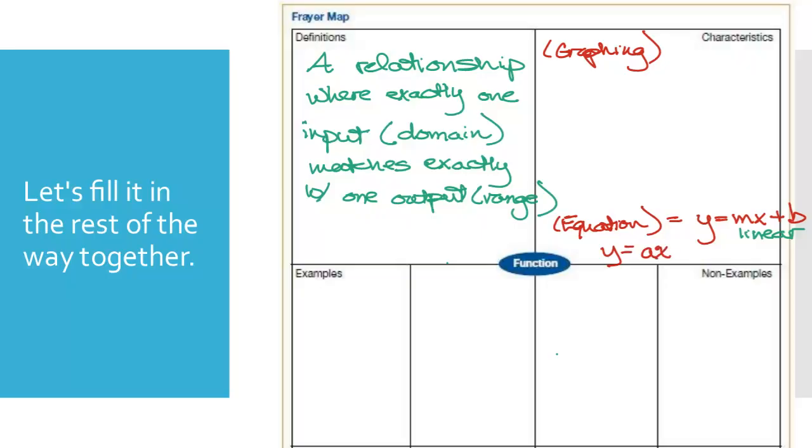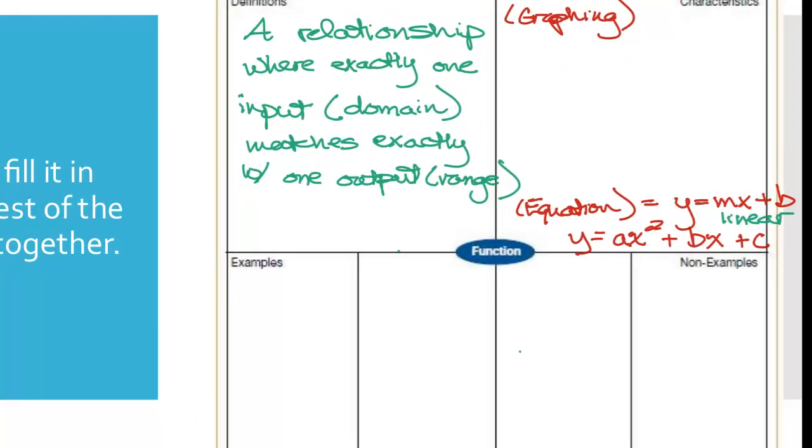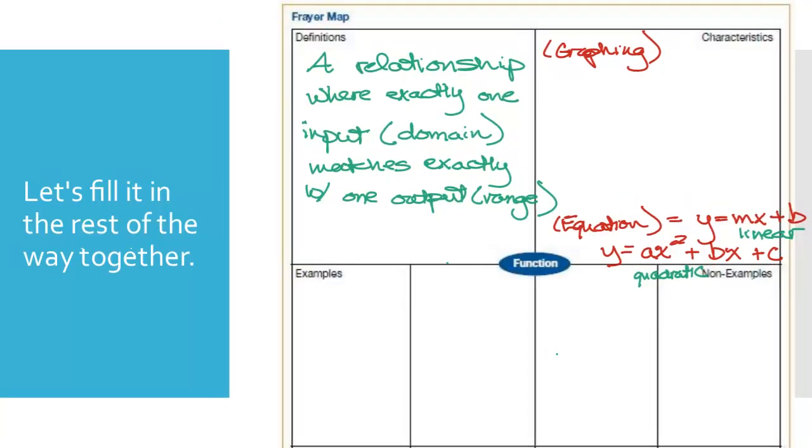Well, we would say ax squared plus bx plus c, and that is quadratic, meaning it has a power of 2. You're like, oh yes, I kind of remember this, right? So that pretty much takes care of our equation.